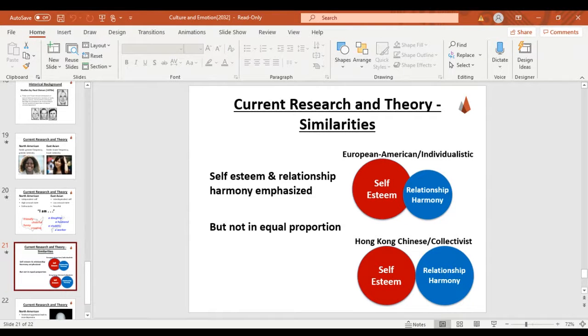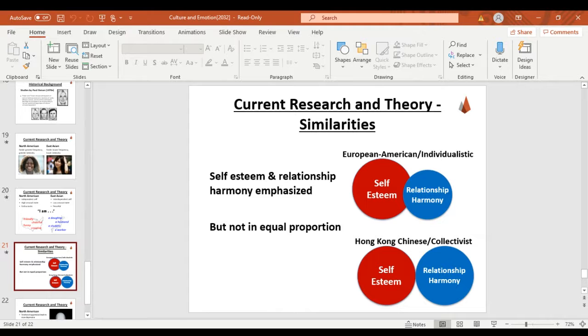Now we look at self-esteem and relationship harmony. European Americans and Hong Kong Chinese are the two populations that were surveyed. They tend to base their overall life satisfaction on how they feel about themselves, self-esteem, and relationship harmony.